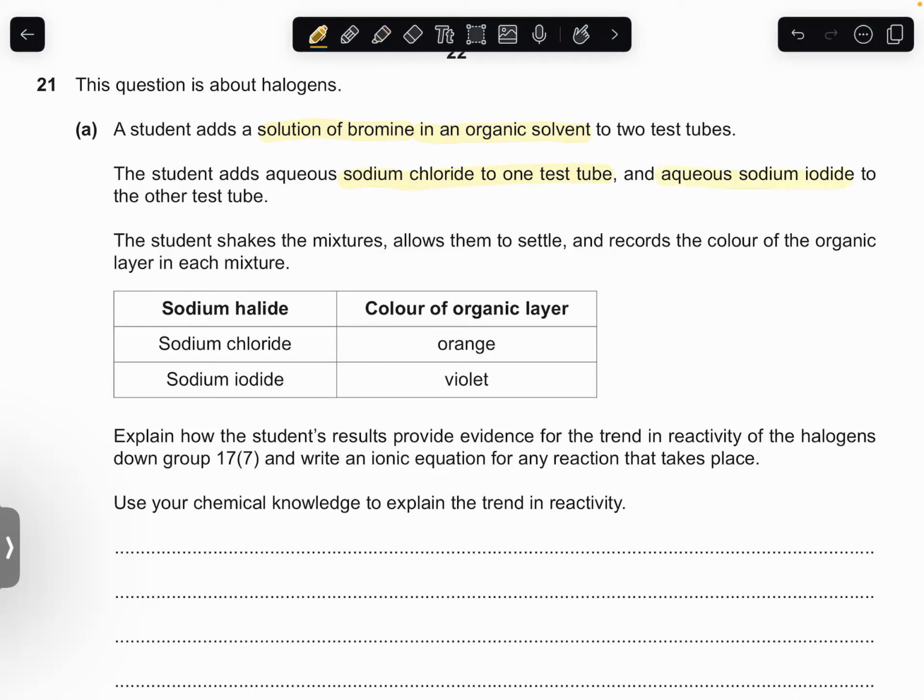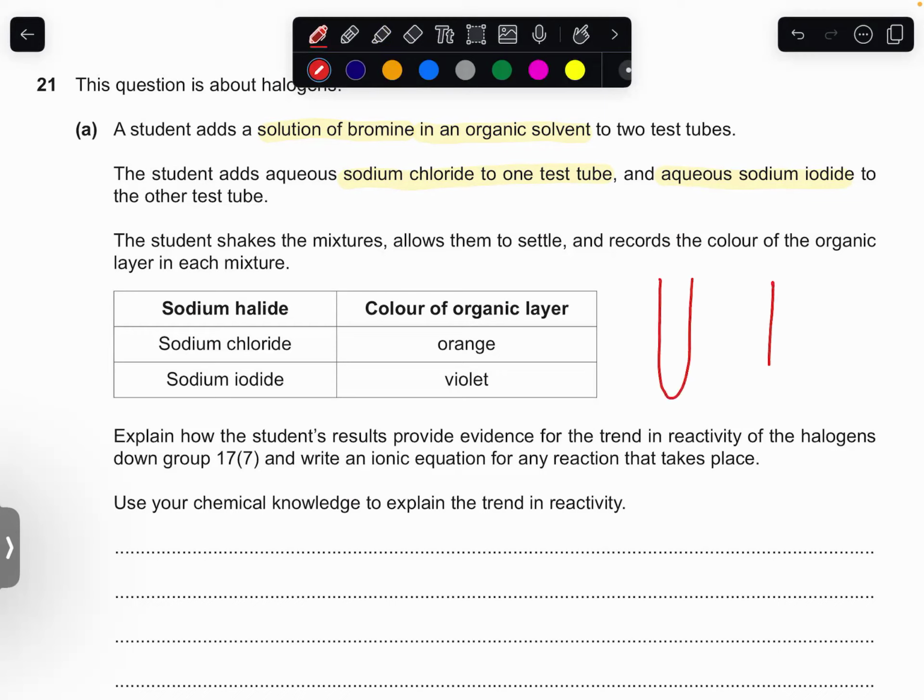So, let's draw this out. Tubes. You've got the organic layer that's going to be at the top. Initially, you started off with bromine, Br2, plus NaCl, and Br2 plus NaI.